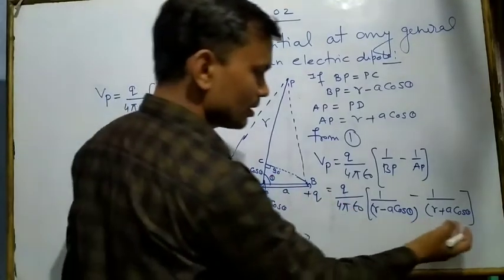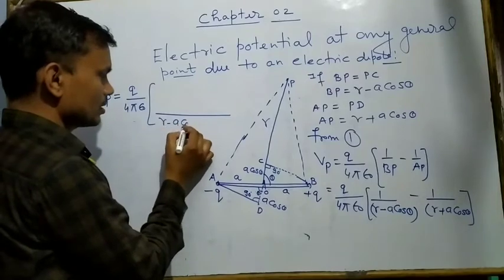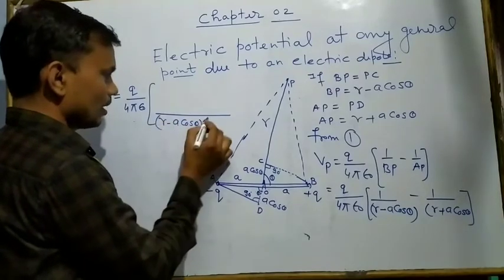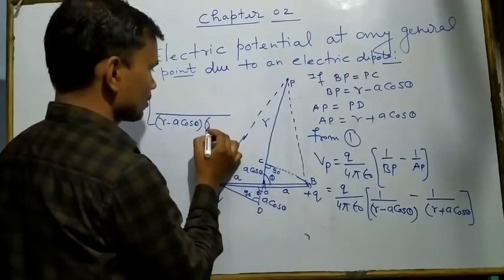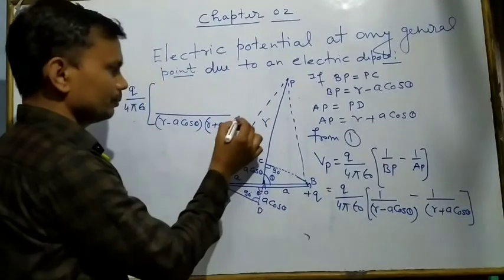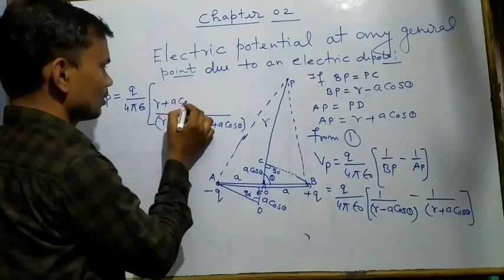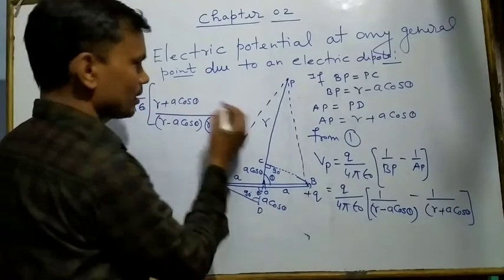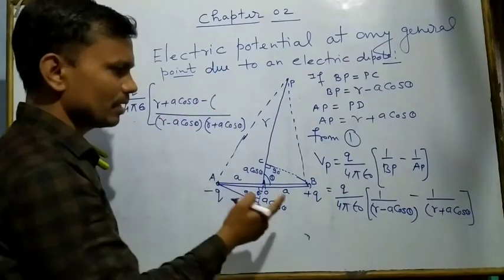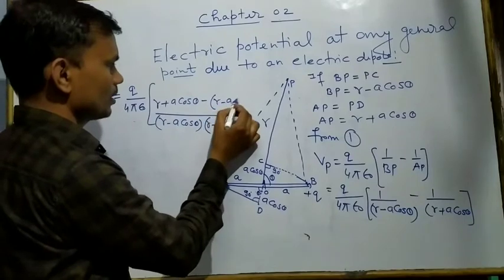What is the LCM of this and this term? In one bracket R minus A cos theta, and in another bracket R plus A cos theta. Then what will we get here? R plus A cos theta minus, within the bracket, R minus A cos theta.